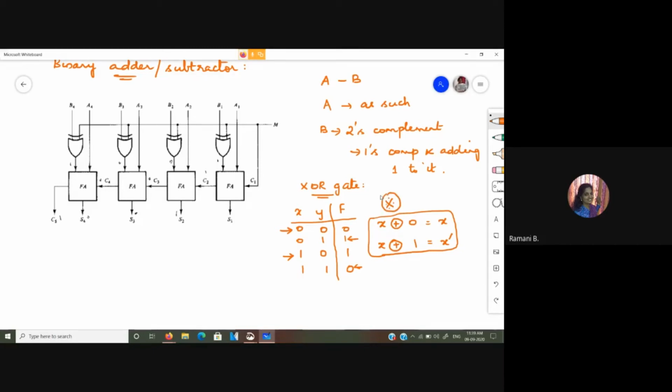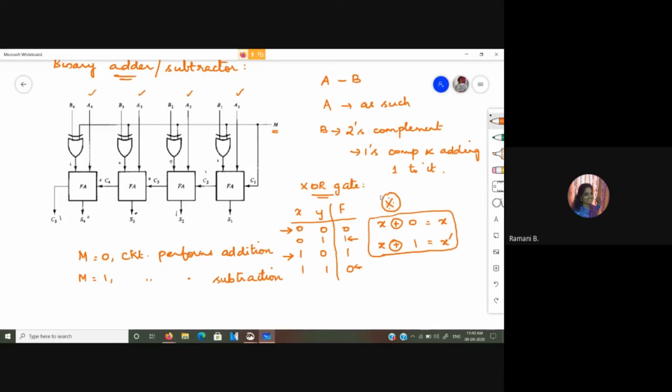So this is important in understanding this operation. Now what actually is done is, here we consider this M as a control input. If M is equal to 0, the circuit performs addition. And if M is equal to 1, the circuit performs subtraction. Here the A number is available as such with A1, A2, A3 and A4.